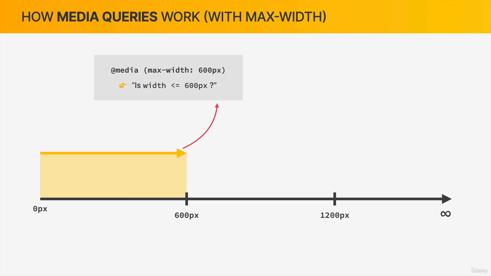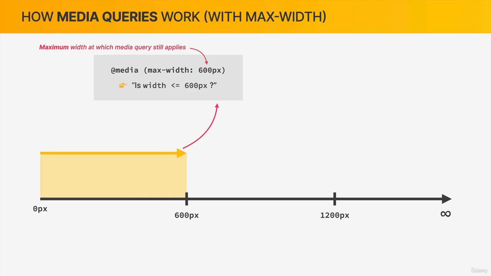If not, then the code in the media query will not apply. So the max width is 600 because 600 is the maximum width at which the media query still applies. After 600 pixels, for example at 700 pixels, it stops working, so the code is no longer going to be applied.